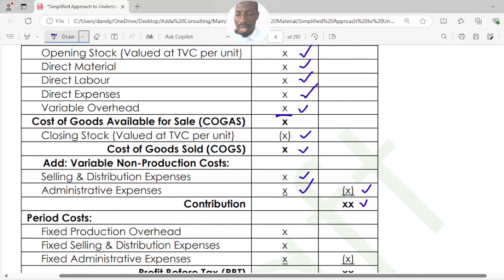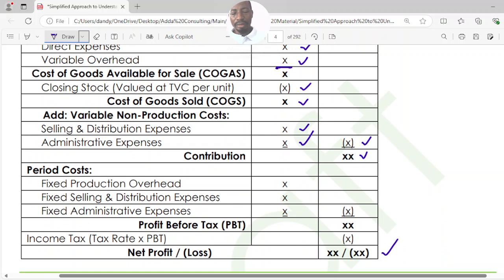After that, I need to consider period cost. We said period costs are those costs that are fixed in nature. They don't follow activity level, because irrespective of the number of units produced, they will not change. That's why we said fixed costs are costs that have no sympathy for activity level.